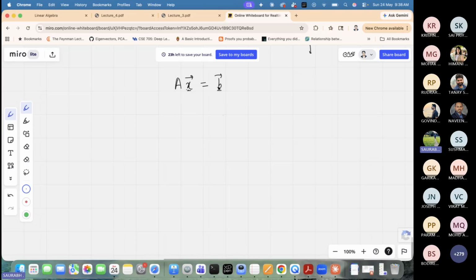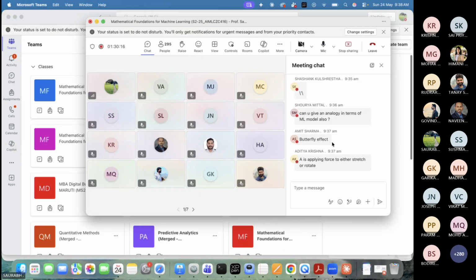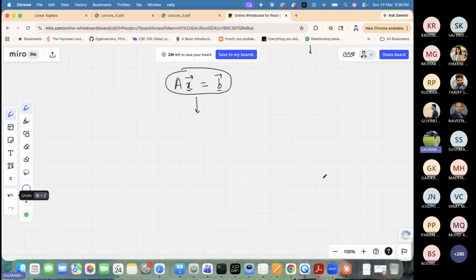Okay. Now, to get to the solution of this, you already know that you have some things that you have already learned, right? To solve a linear system of equations like this, what is the algorithmic way that we have learned till now? Gauss-Jordan elimination, right? Exactly.